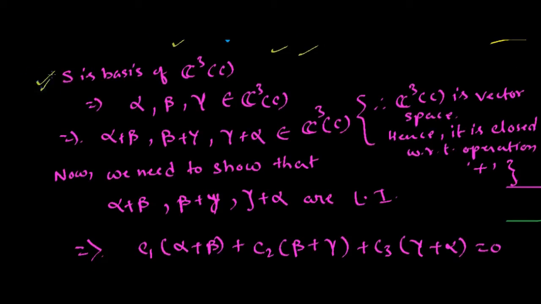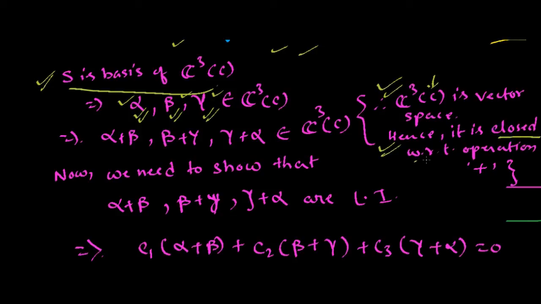Let's see what we can find from the information that is given. S is the basis of C3. It means that all the elements of S are from C3 itself. So alpha, beta and gamma are elements of C3. And it is given that C3 is a vector space over field C, so the closure properties should be satisfied.